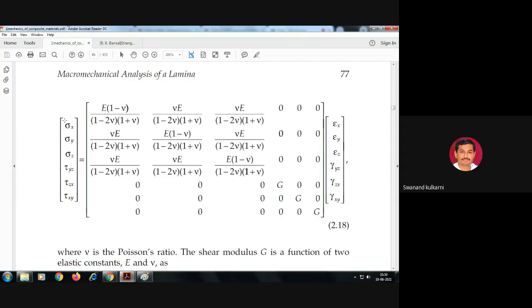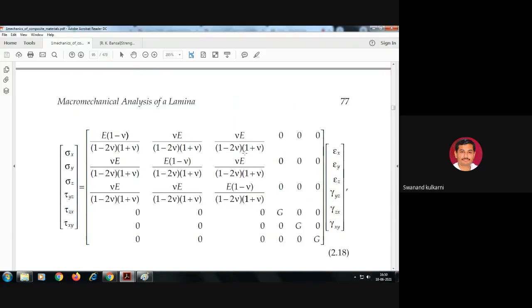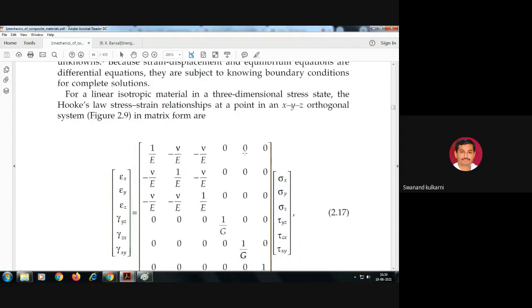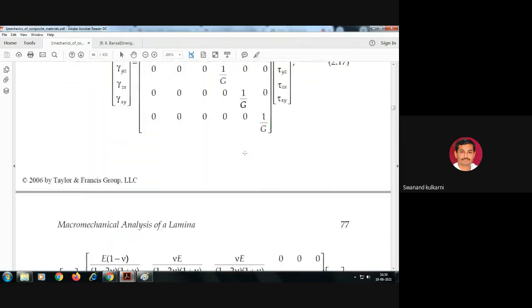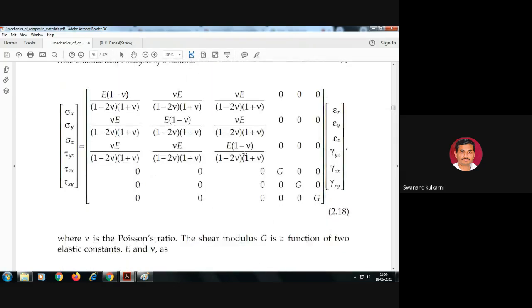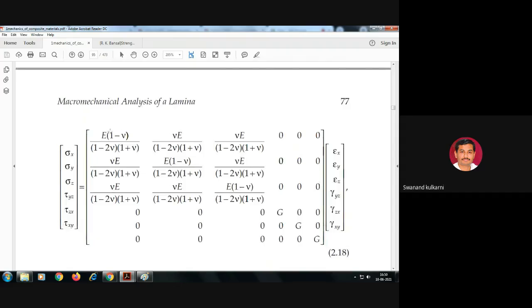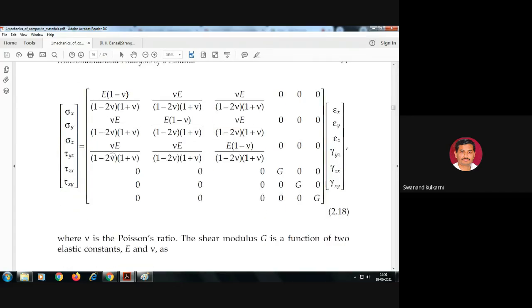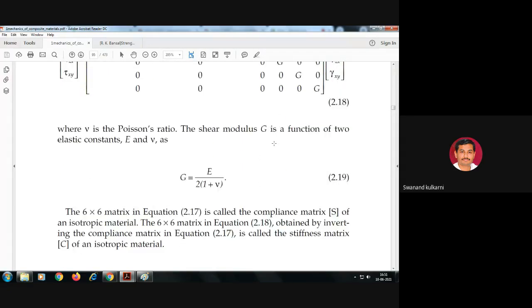With this, we get the values of sigma x, sigma y, sigma z, tau yz, tau zx, and tau xy. So the respective values of those stresses, with the help of the strains, we can identify by taking this particular matrix into consideration. This is the only difference between equations 2.17 and 2.16, where mu is Poisson's ratio, E is Young's modulus, with usual notation for stress and strain, and G is the shear modulus. Is it okay?